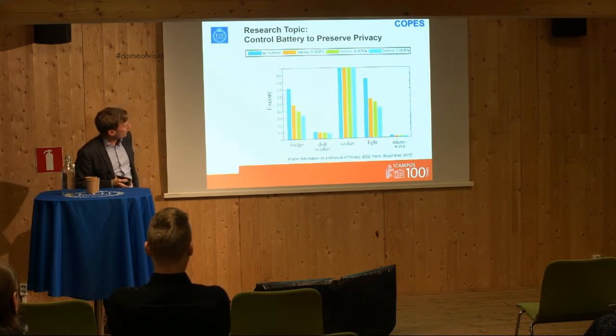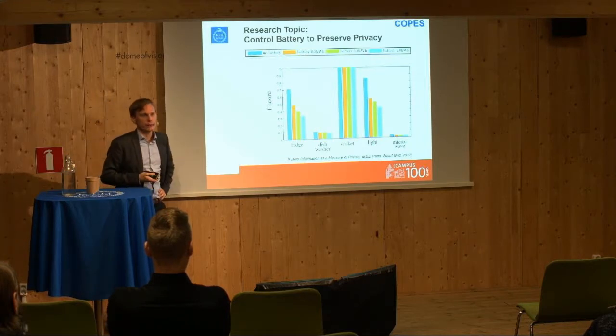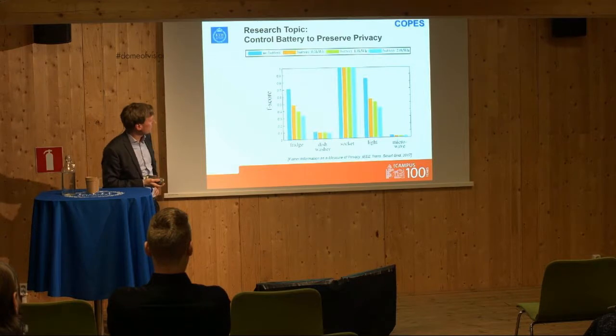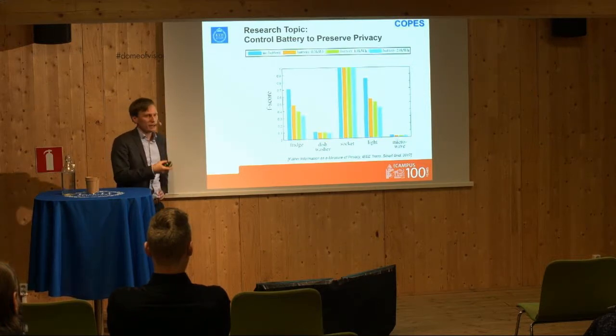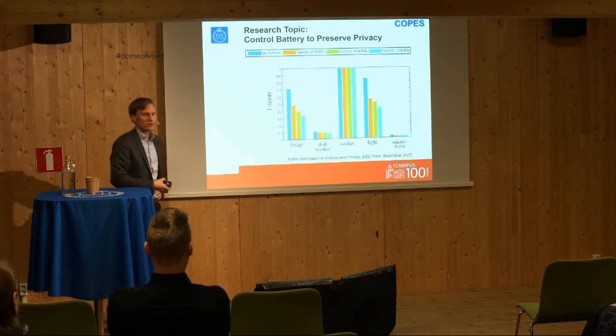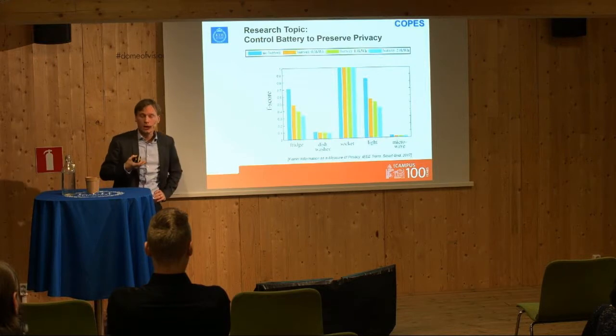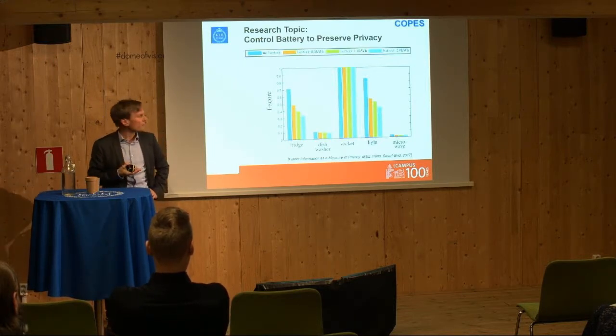What you're looking at here is again a metric where we try to compare different types of control strategies. I will not go too much into detail, but basically the F-score here is a measure of somebody who's trying to guess whether the fridge is on or off. Without a battery, the score is 0.7, which is pretty high. So it's quite easy to identify the fridge from the data.